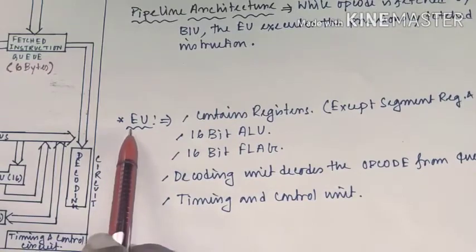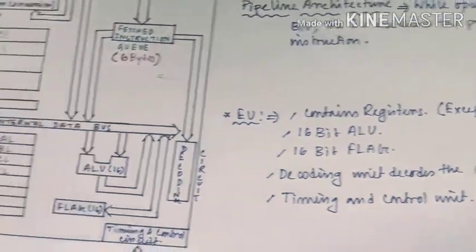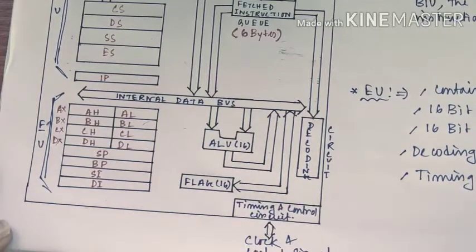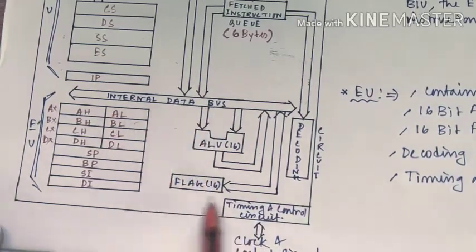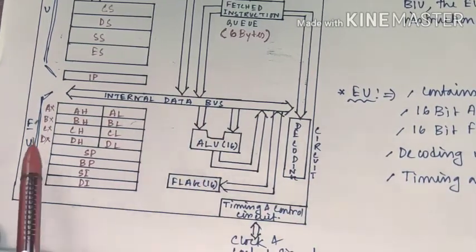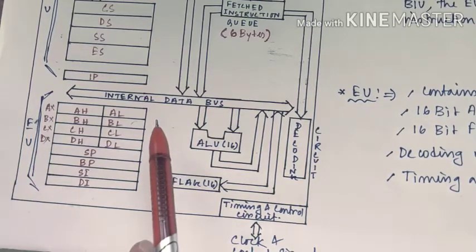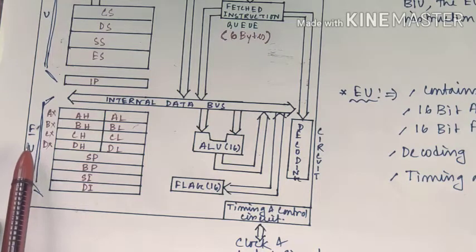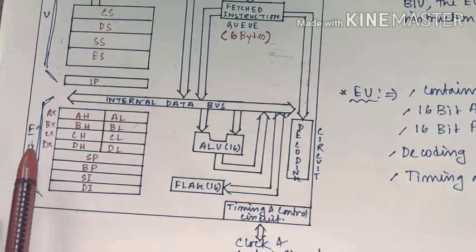Now, go into this one, that is EU, execution unit. From the diagram you can find this area is called execution unit. So what is the function of this one? As the name suggests, it executes something. What does it execute? It executes all the instructions that are already fetched by the processor. We already know an instruction is a combination of opcode and operand.